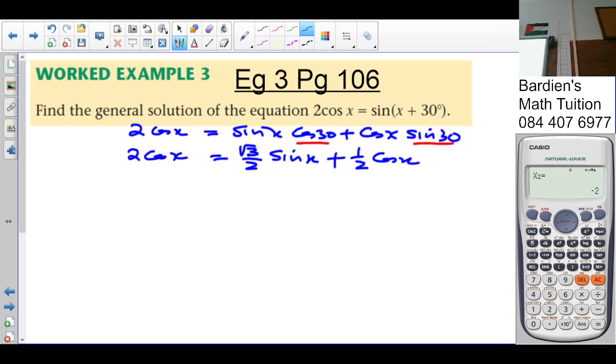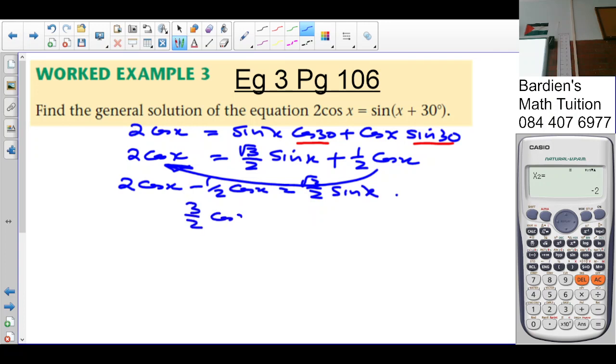Now what? I'm going to get 2 cos x minus a half cos x equals root 3 over 2 sine x. Which now gives you 3 over 2 cos x equals root 3 over 2 sine x.